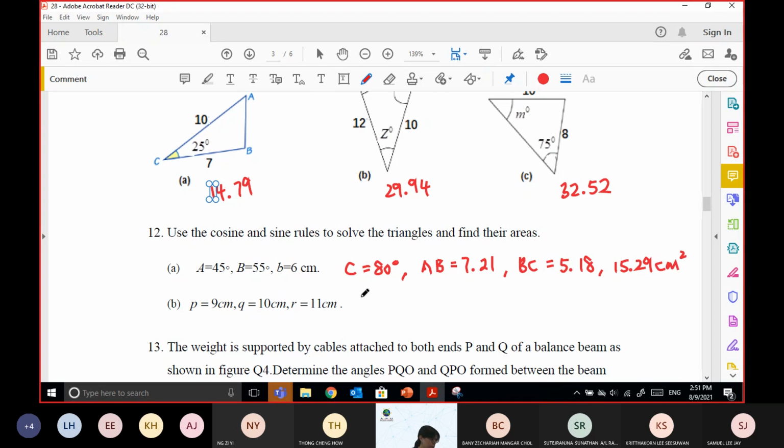Okay, so for B, we have angle P as 50.48 degree, Q as 58.99, PQR as 70.53, and last, the area. So this is the area.